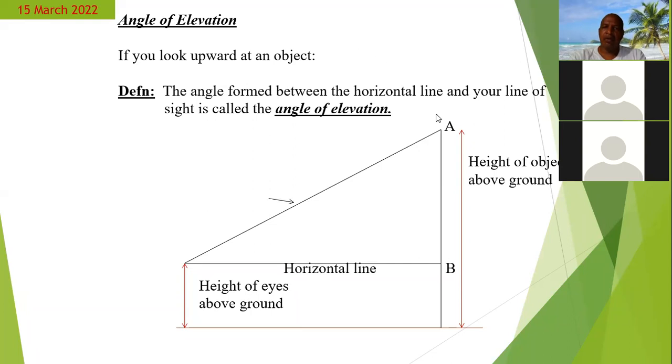And then our angle would be the angle formed between the line of sight and the horizontal line, and that is the angle that we refer to as the angle of elevation. And that angle only forms when the line of sight is going upwards. Is that clear to everyone? Raise your hand.